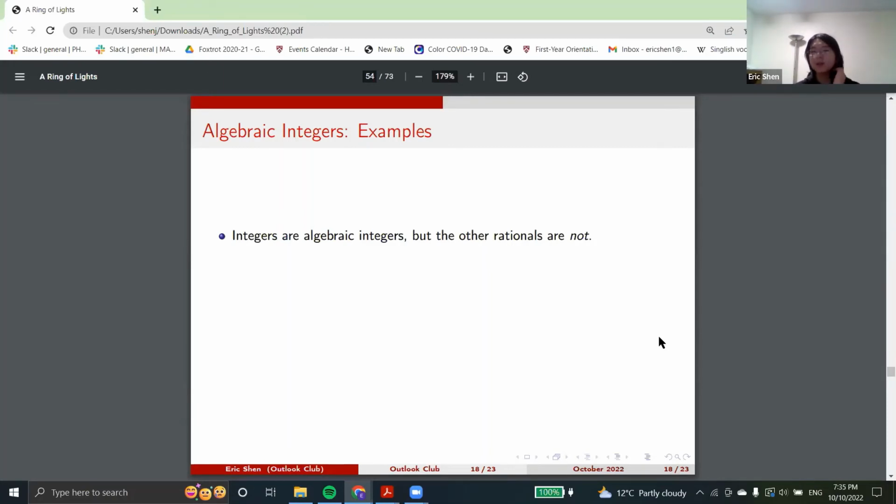You guys can think about this for a little bit, and feel free to comment. So is it the root of some integer polynomial with leading coefficient equal to 1?